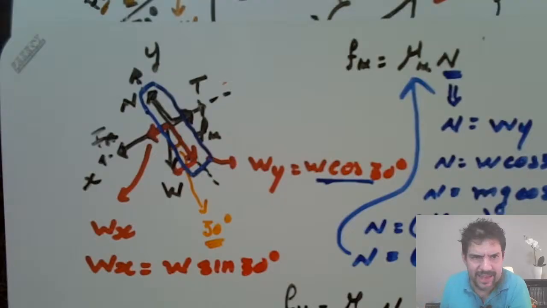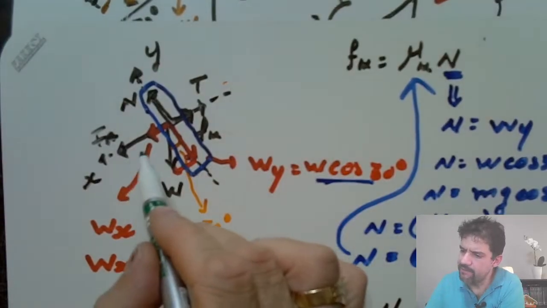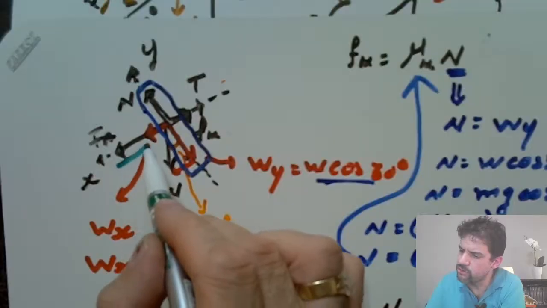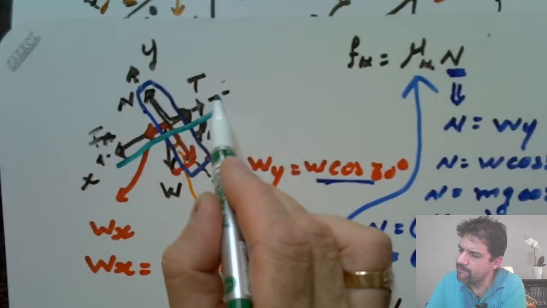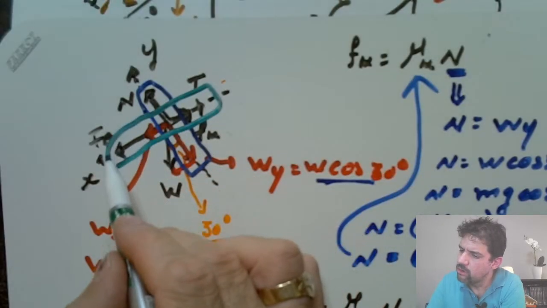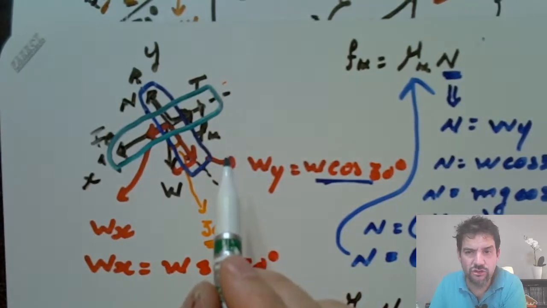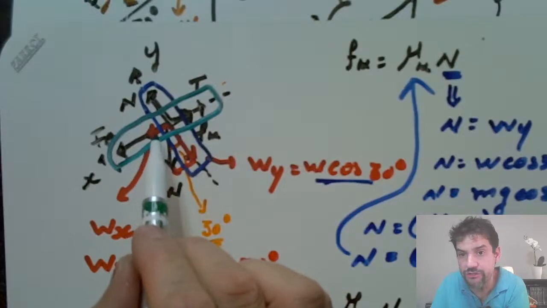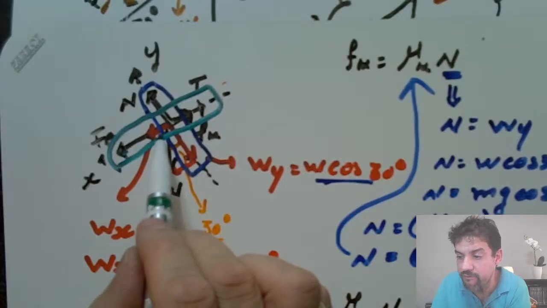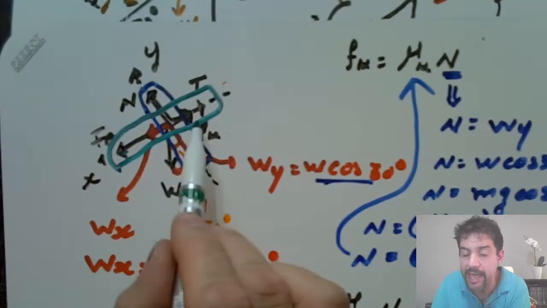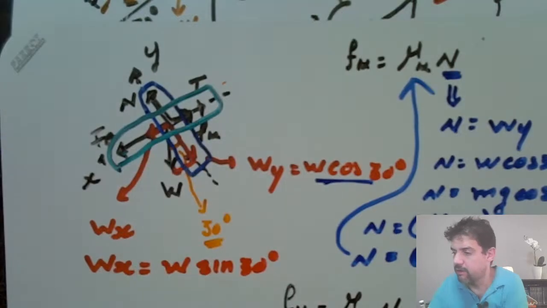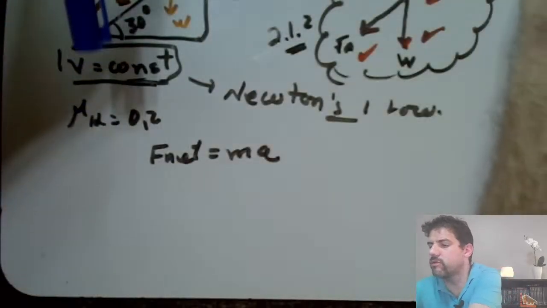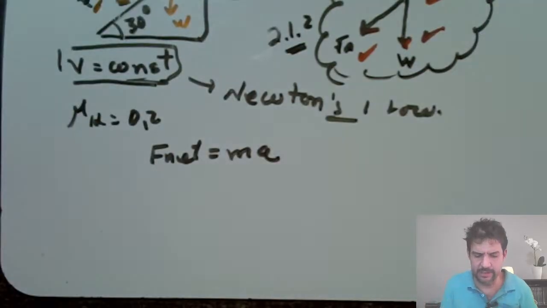In the x-axis, I have the applied force, the friction, the tension, and the horizontal component of the weight. I have 4 forces in the x-axis here. Positive is down the slope, negative is up the slope.